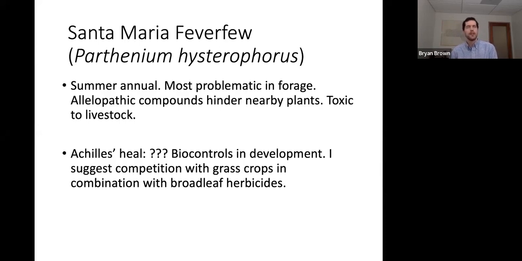In the meantime, it does seem to be susceptible to our systemic broadleaf herbicides, like, for example, 2,4-D or dicamba. So perhaps using those in combination with reseeding of grasses and grass forages could be successful.